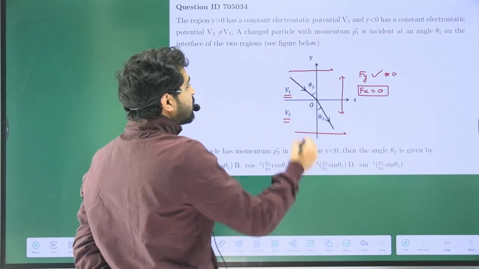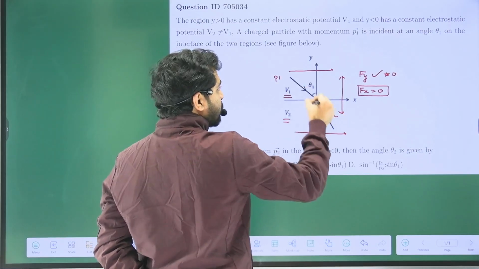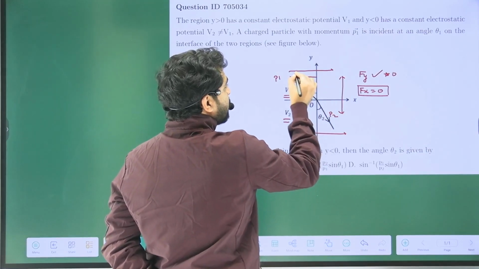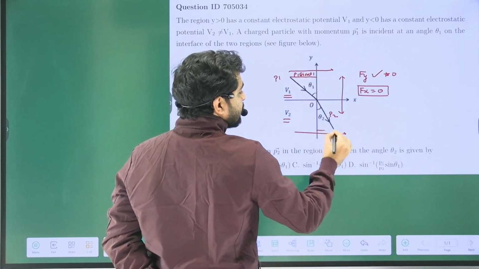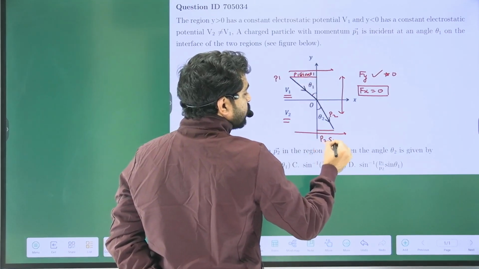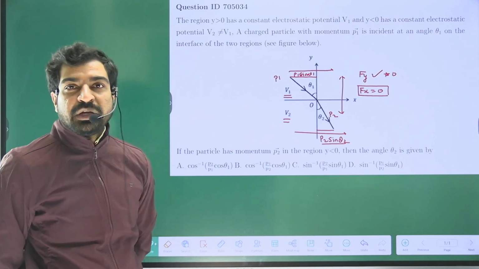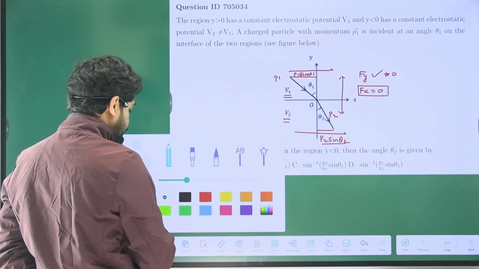Now see, if this is P1 and this is P2, the momentum in region number 1 and region number 2, and this is θ1, then the x component will be P1 sin θ1 and this will be P2 sin θ2. So now let's solve it further.